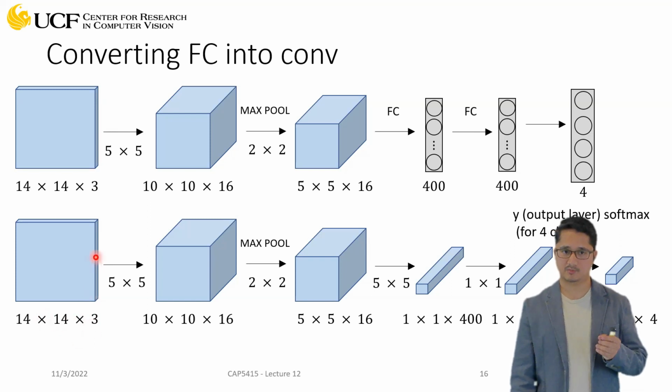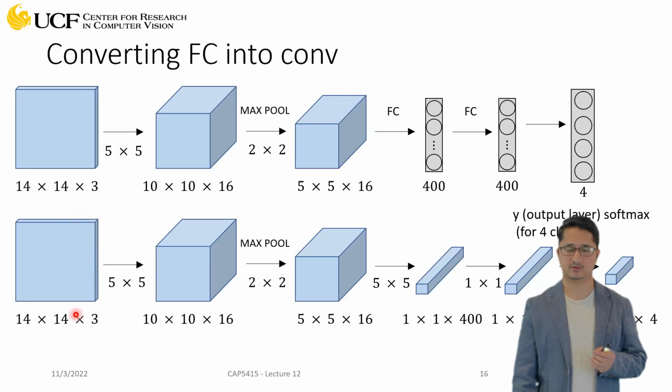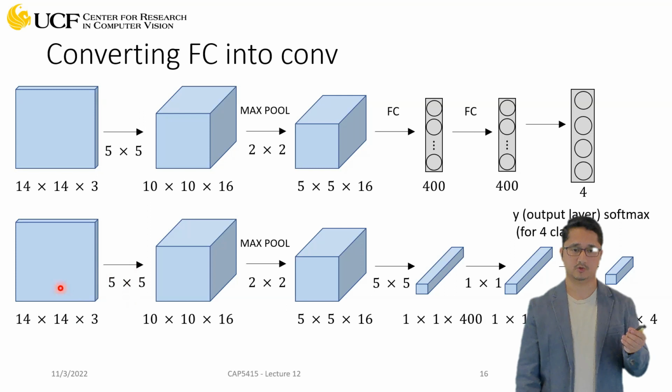Now, what will happen if instead of 14 cross 14 cross 3, I use a much bigger image, let's say 28 cross 28 cross 3? Whatever model or network you have trained, you will still be able to use that. And the reason is, whatever 5 cross 5 kernels you have over here, you will still be able to apply those kernels on the input image. It's just that you will apply them at more locations.